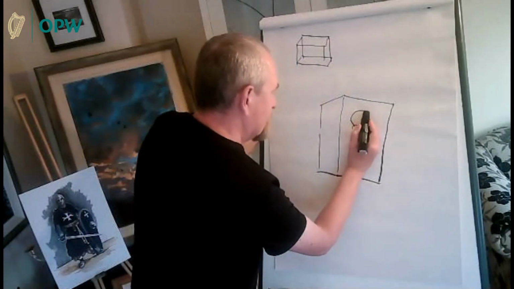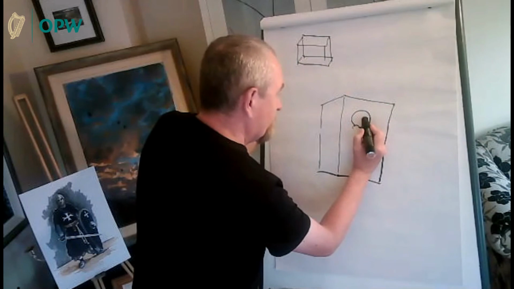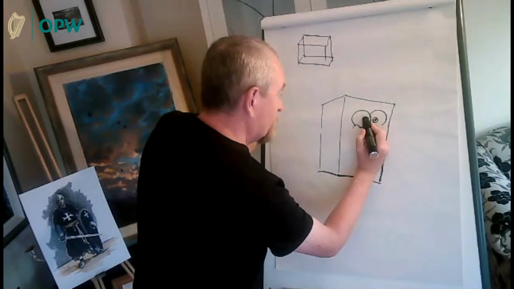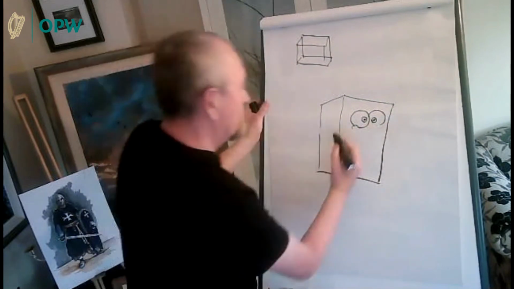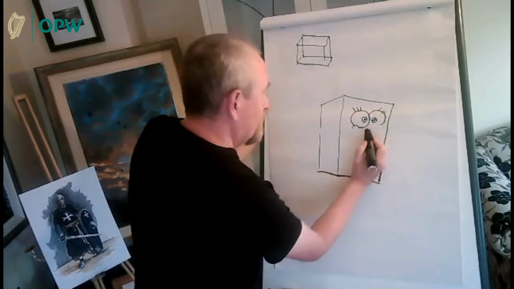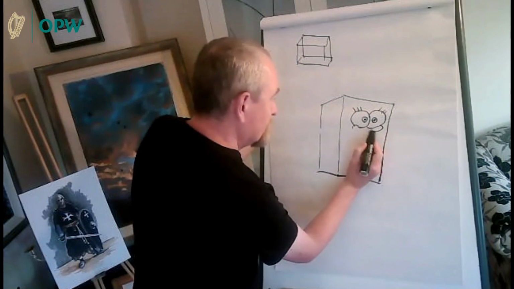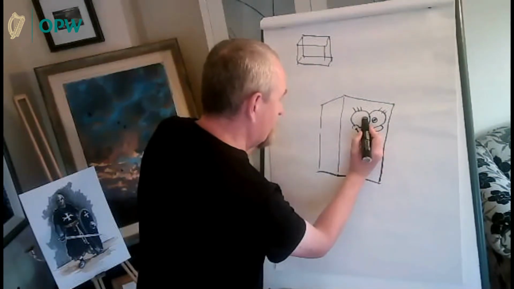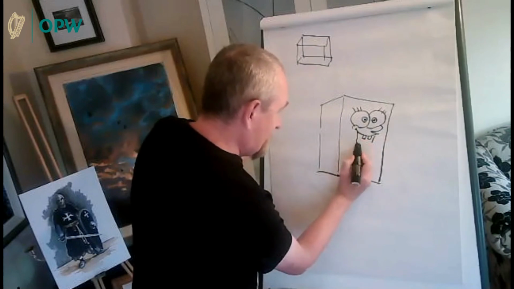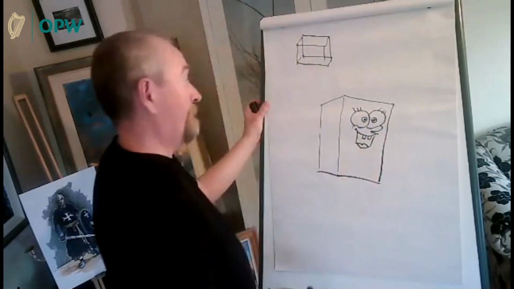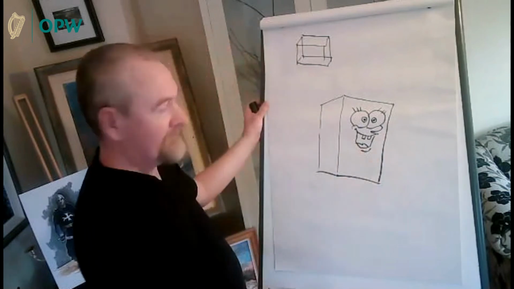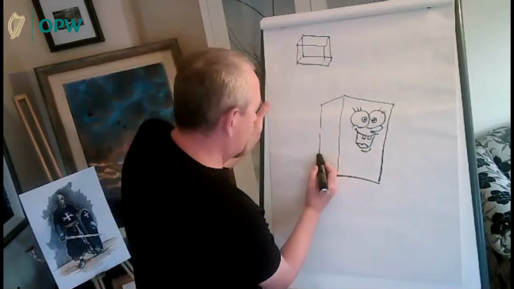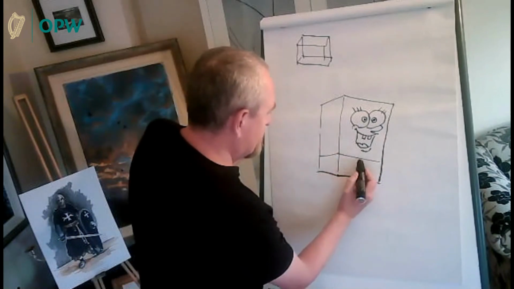Well, when we start to introduce features, we have a pair of eyes, nose, mouth, teeth. You can start to see how this becomes a character, recognizable to most people at this stage.